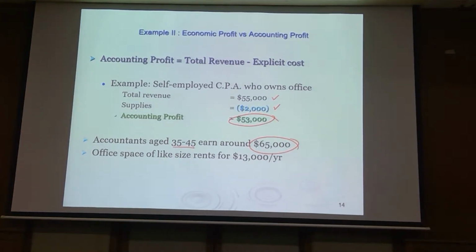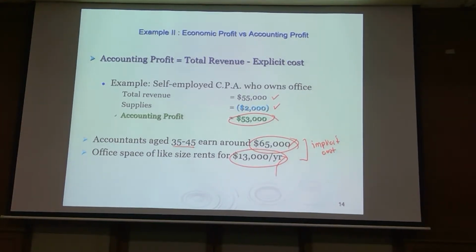This is the next best alternative use of the office, so he should earn rental income of around 13,000 a year. That is the implicit cost, or the opportunity cost, of running his own accounting office. He loses a chance to earn income if he works somewhere else, and also the income from renting the office to someone else.